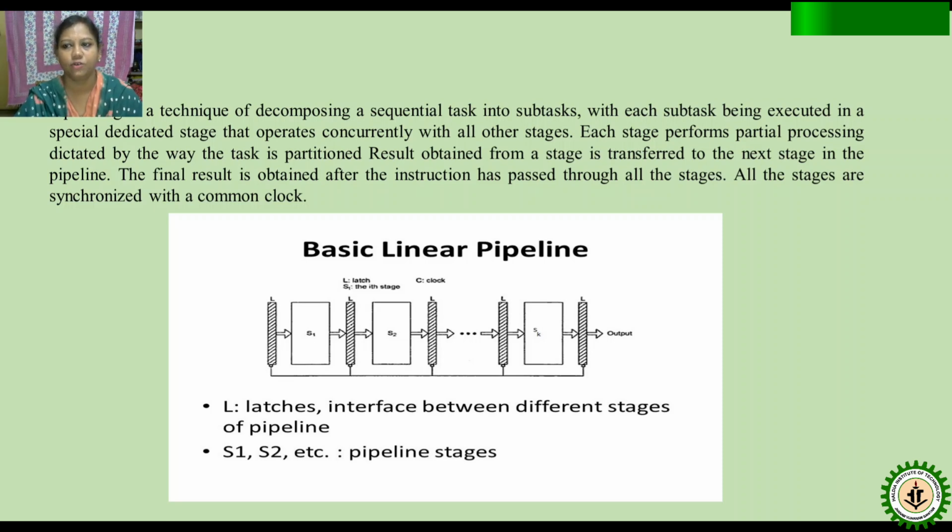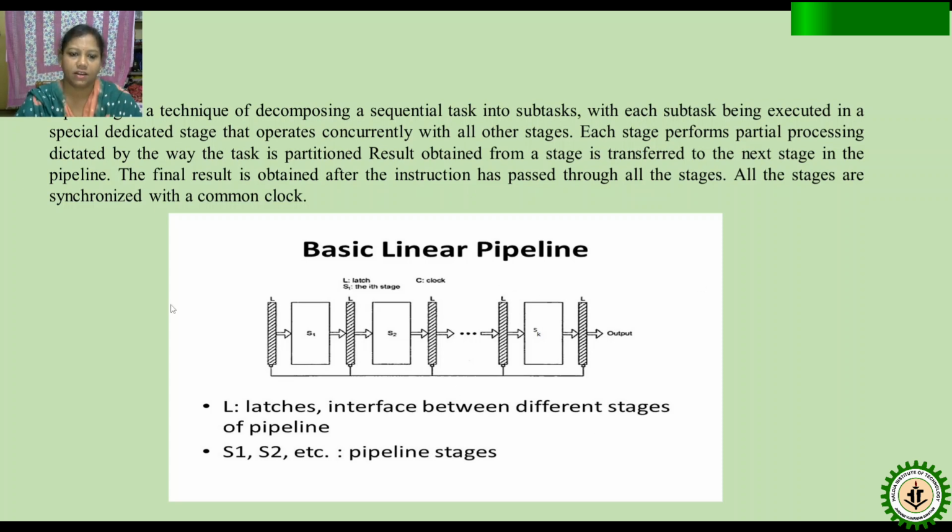Each stage performs partial processing dictated by the way the task is partitioned. The result obtained from a stage is transferred to the next stage in the pipeline. The final result is obtained after the instruction has passed through all the stages, and all the stages are synchronized with a common clock.